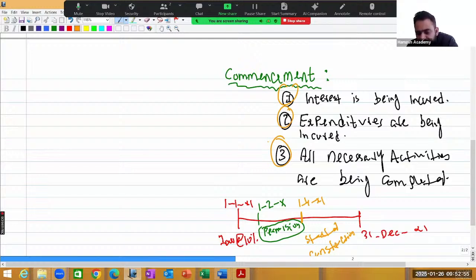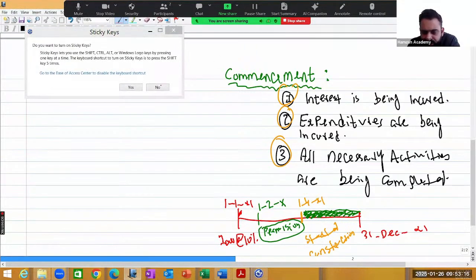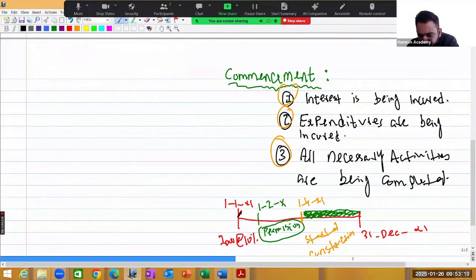So the interest cost starting from 1st April, in the green area, we can capitalize in the cost of the asset. And the interest cost which we have incurred in this time phase will be expensed out in the profit and loss account.